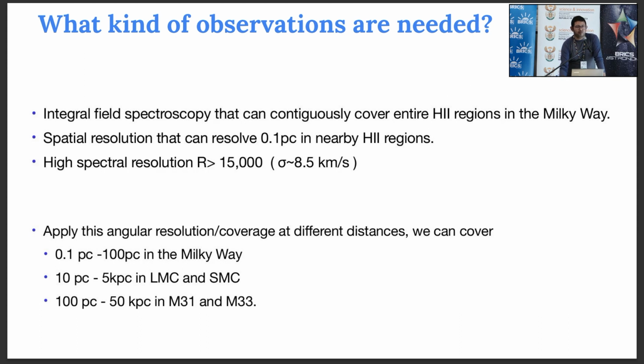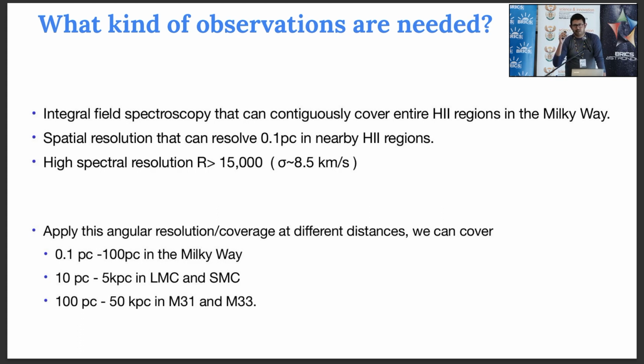So we want to do it at 0.1 parsec or similar resolution because we want to sample each star-forming region, and then we need fairly high spectral resolution of 15,000, or about 8.5 to 9 kilometers per second. This is what we want to do in nearby H2 regions.